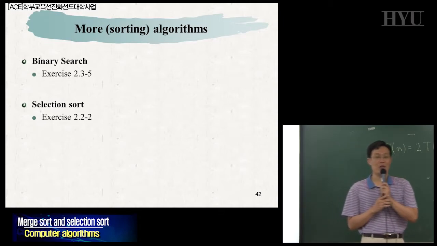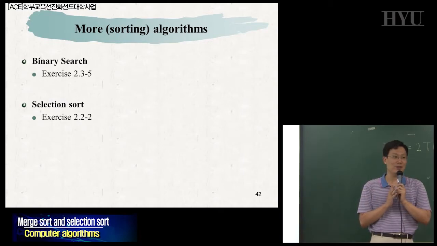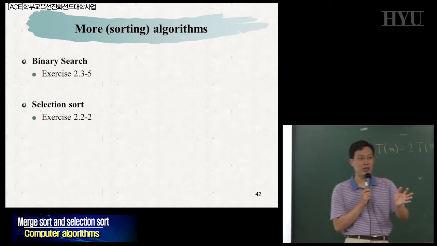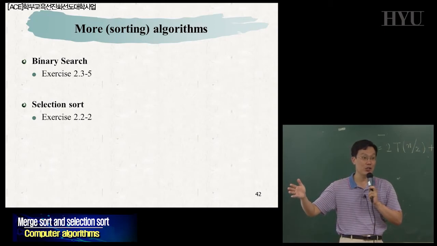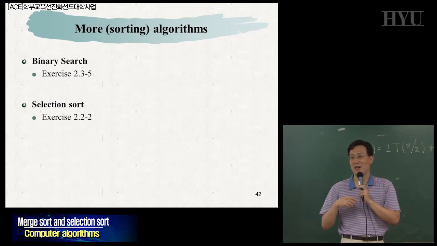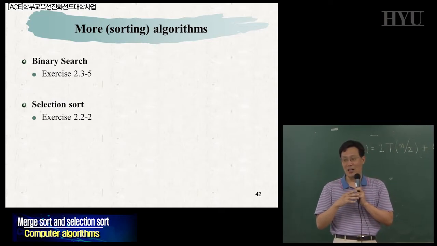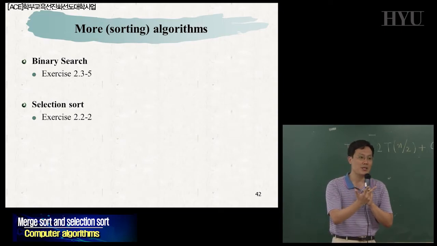Okay, when you play a game to guess a number, for example, assume that I pick a number between number 1 and number 10. It's an integer. Then you guess a number. Then I answer in 3 ways.